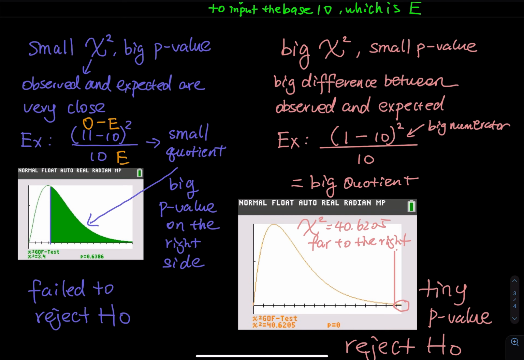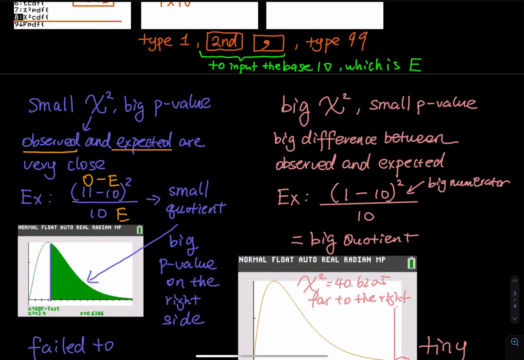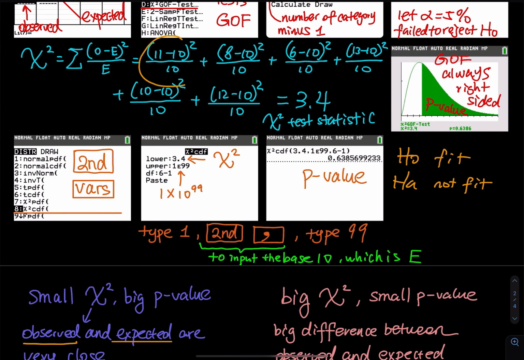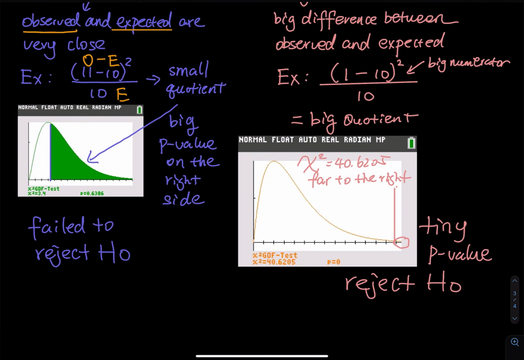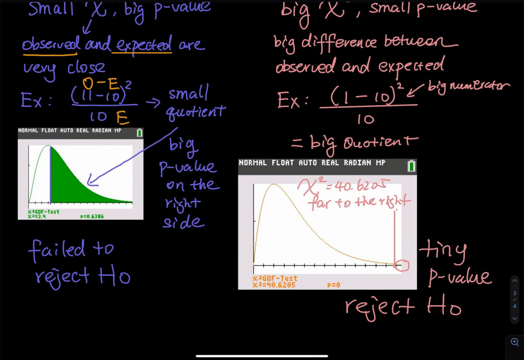So when the chi-square test statistic is small, that means for each category, the observed value and the expected value are pretty close. For the first one I wrote, 11 minus 10, squared, divided by 10, 11 is observed, 10 is expected. They are pretty close. 11 minus 10 equals 1.